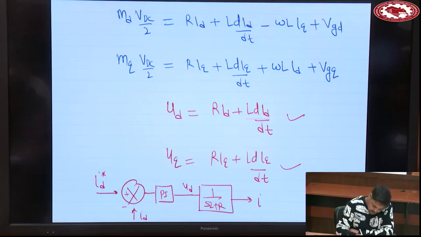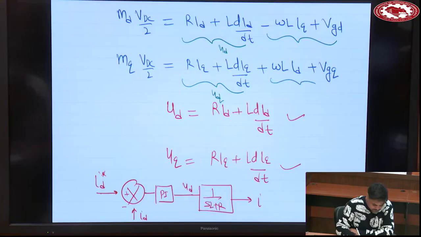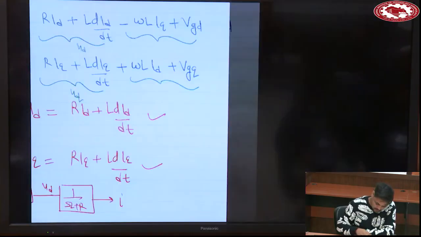So if this term is considered as UD and this component is considered as UQ, and you know UD and UQ, you can get MVDC by 2 just by adding both terms as a feed forward. How will it be added?